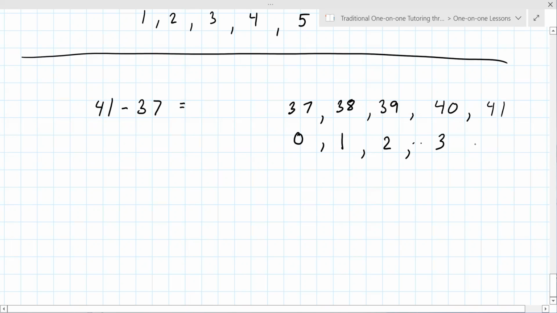No, you're not. You haven't written it. You're counting as you go. So Michael, the way this goes is you start at 37, you say, okay, 38 is 1, 39 is 2, 40 is 3, 41 is 4. That's your final answer.